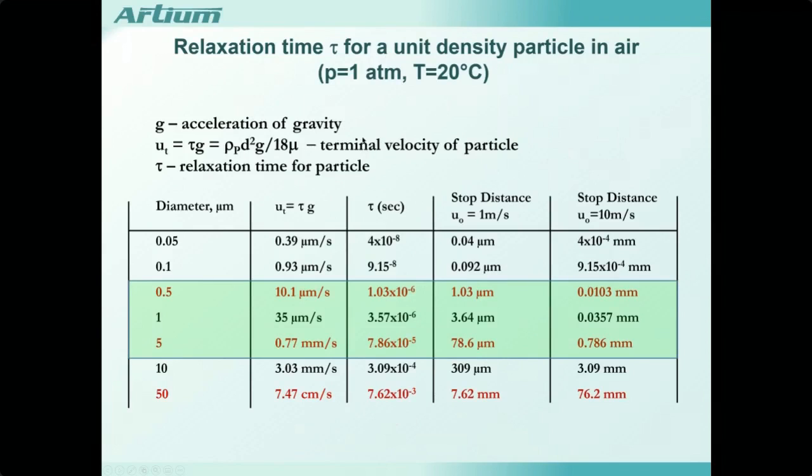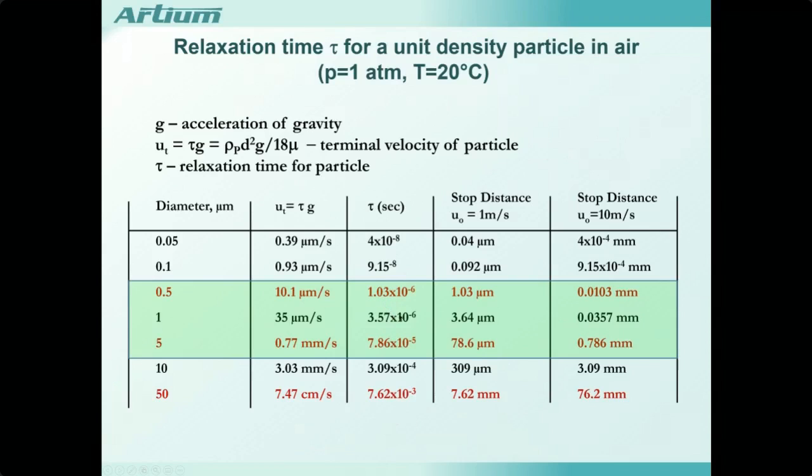I didn't have time to really go through all of the long developments of these response conditions, but I thought it'd be worth just showing you some of the key results. I'm limiting the diameter to a range of particle sizes that would be suitable for LDV measurements, 0.5 micron to say 5 microns. And it's interesting to note that the characteristic response time is approximately 2 orders of magnitude different.